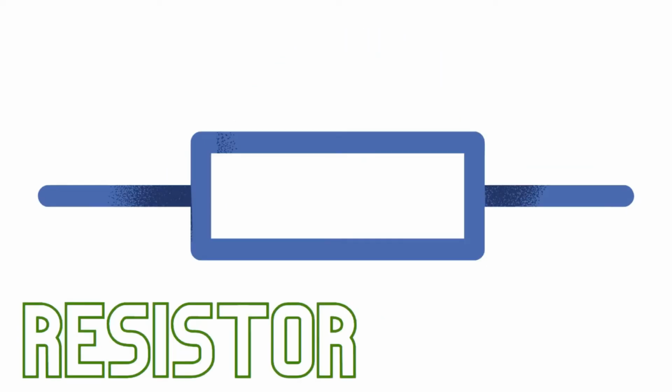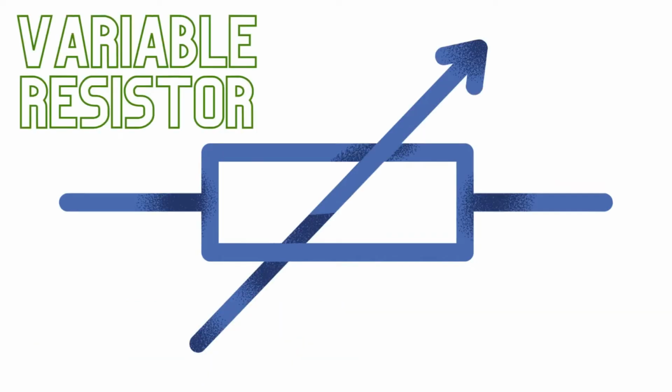A resistor is a 2-terminal electrical component that introduces resistance into an electric circuit. Resistors are passive components, meaning they only consume power and can't generate it. A variable resistor is a resistor of which the electric resistance value can be adjusted.